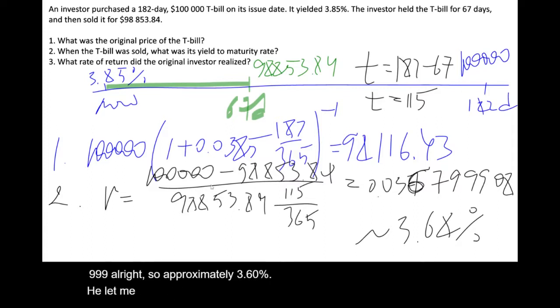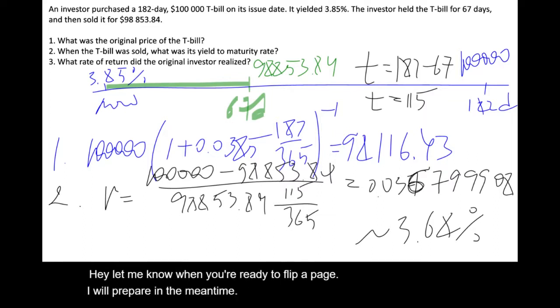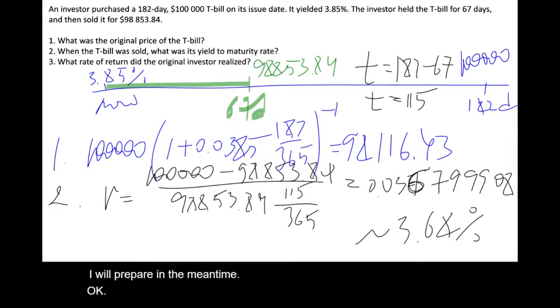Okay, let me know when you're ready to flip a page. I will prepare in the meantime. Formulas. R is S minus P over PT.